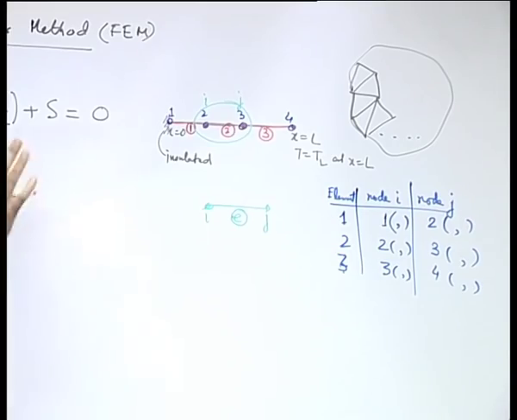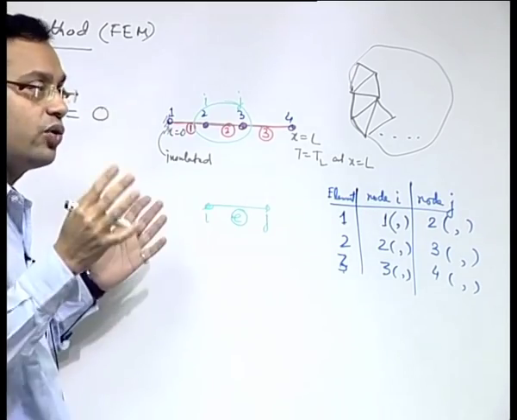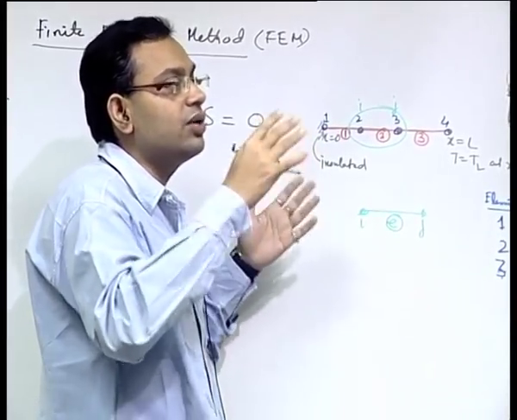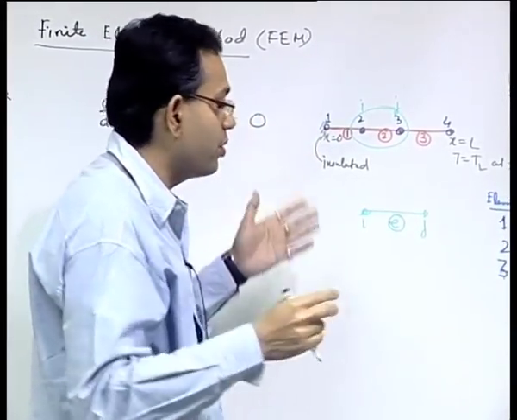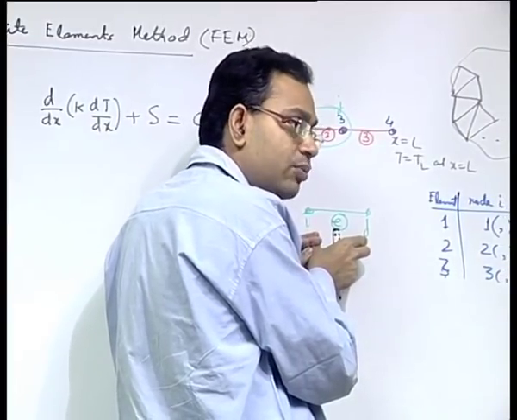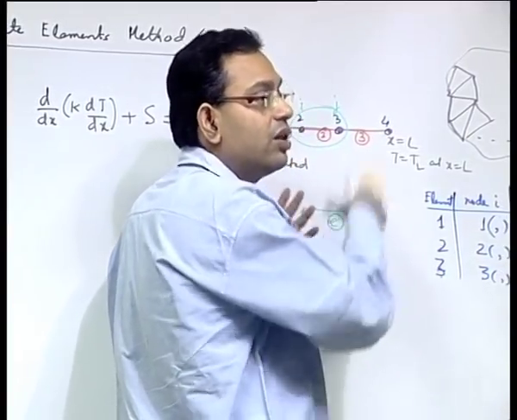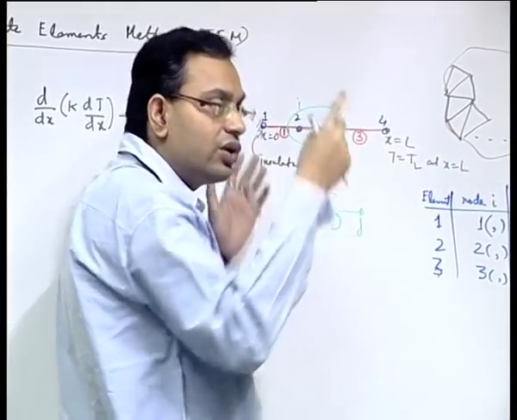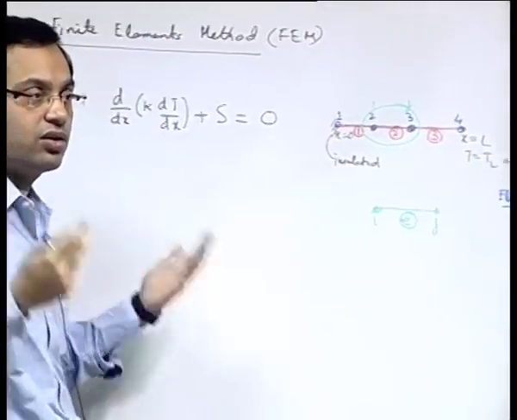So, effectively you are using the Galerkin's method over the entire domain, but it is a discrete summation rather than a continuous integration over the entire domain. So, first you consider the Galerkin's method implemented over each subdomain, then you sum it up over all the subdomains, so that you get the net effect over the total domain, but in a discrete sense, no more in a continuous sense.